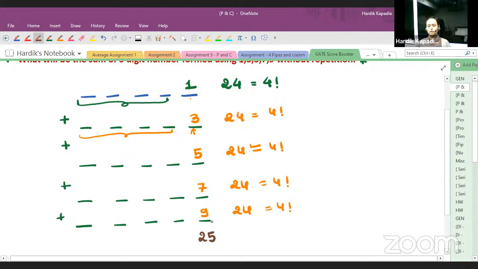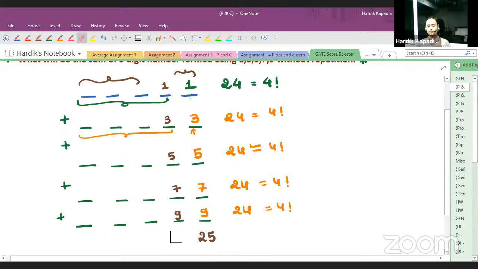Okay, so this is 25. Now if I repeat this with the tenth digit, then also there are a total of 24 ways in which these 3 and this one will shuffle, and the sum of this is 25.